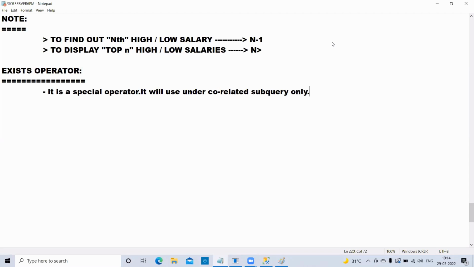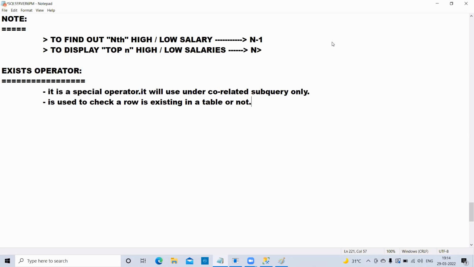But why, sir? What is the purpose of this operator? This operator is used to check whether a row exists in a table or not. Exist means having.